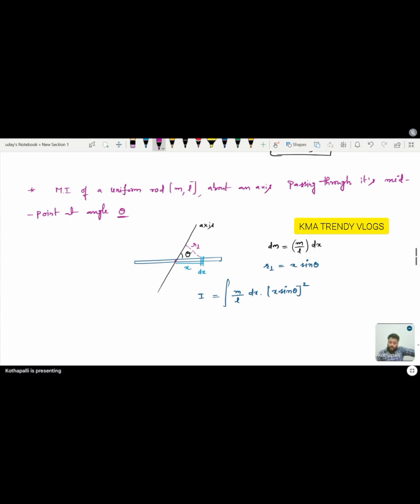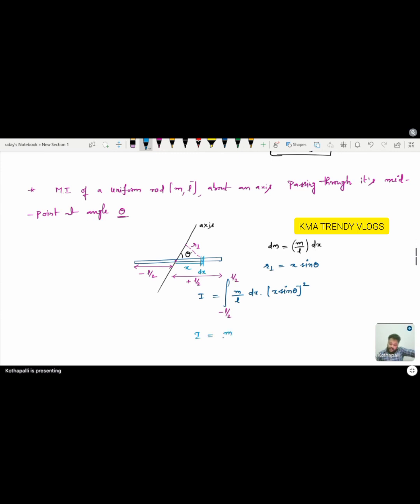So obviously, the moment of each point mass on the right side of the rod and of each point mass on the left side will have opposite tendency. That means this limit I can take as minus L by 2, and the remaining half limit will be plus L by 2. So the limits will be minus L by 2 to plus L by 2. That is the difference between this case and the previous case, nothing more than that.